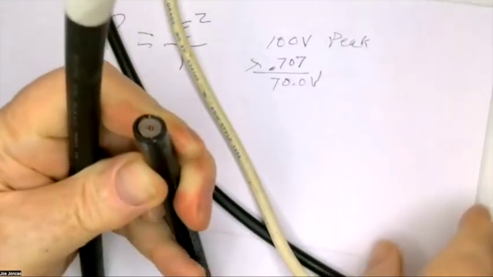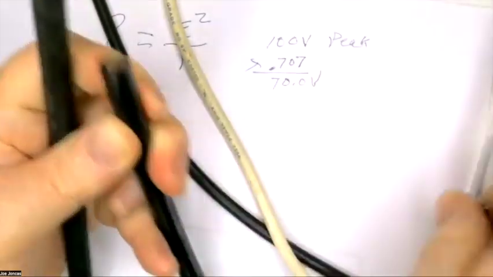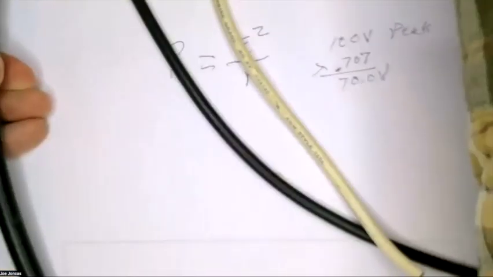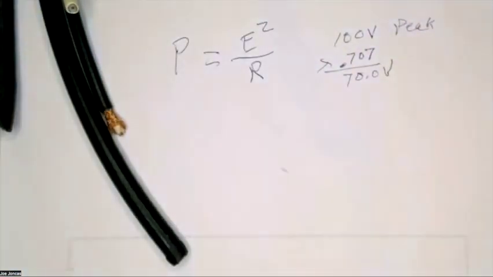But this uses the copper outer conductor. And that's as far as I want to go tonight with these different kinds of cables. Do they cost about the same? No. There's a big cost difference between all of these.